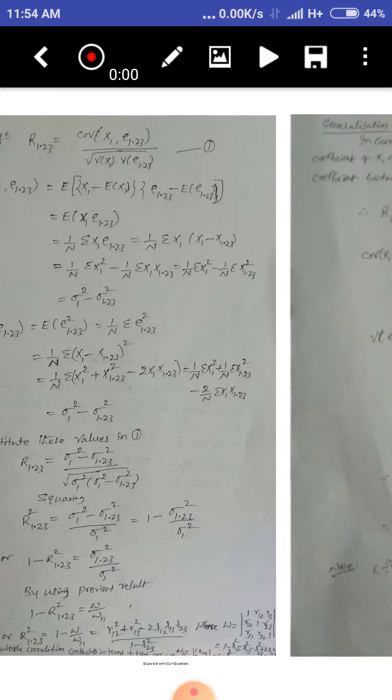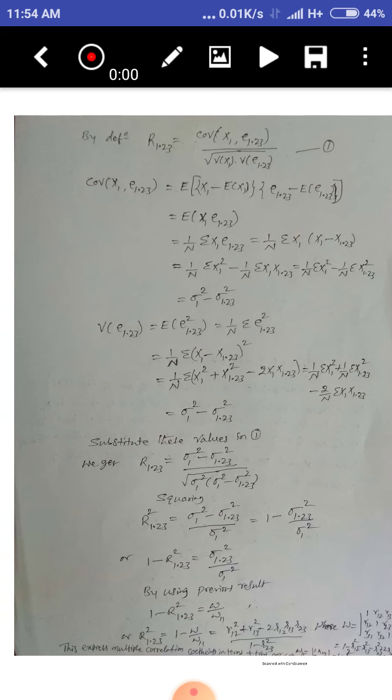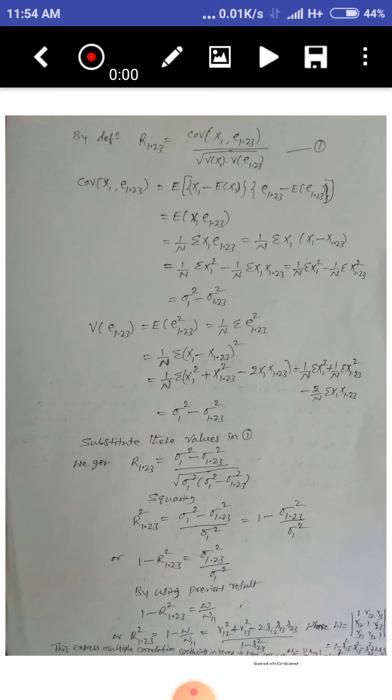Then expand using a minus b whole square and take the summation inside. We get 1 upon n summation x1 square plus 1 upon n summation x1.23 square minus 2 upon n summation x1.23 square. In terms of sigma, we get sigma 1 square minus sigma 1.23 square.